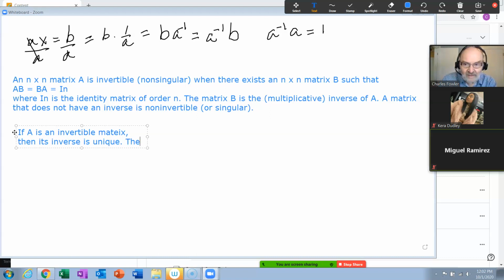The inverse of A is denoted by, I can't type this either, A, and I can't do a superscript to the -1. That should be a superscript. That's what we call the inverse of a matrix.